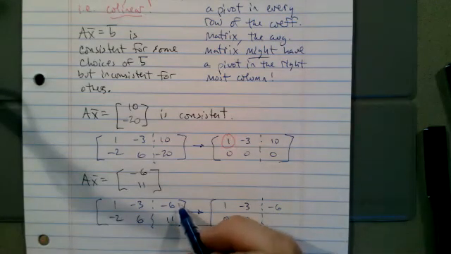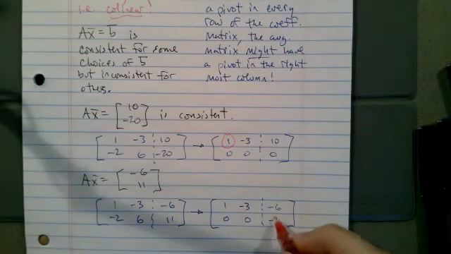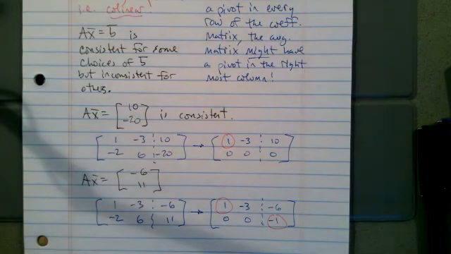I have to multiply -6 by 2 and add it to this one, giving -1. So we ended up with a pivot in the rightmost column of the augmented matrix. So if the coefficient matrix does not have a pivot in every row, there might be a pivot in the rightmost column of the augmented matrix. And that would correspond to an inconsistent matrix equation.